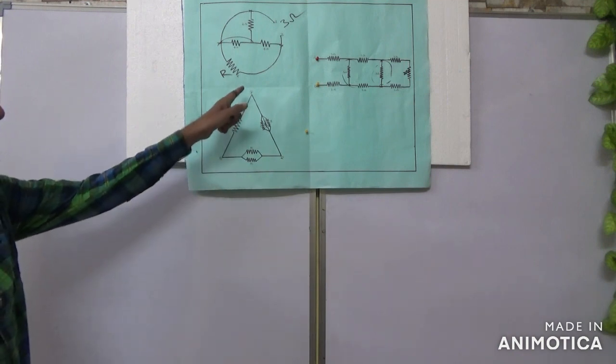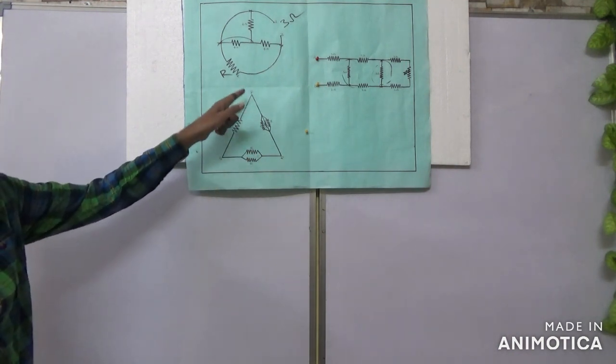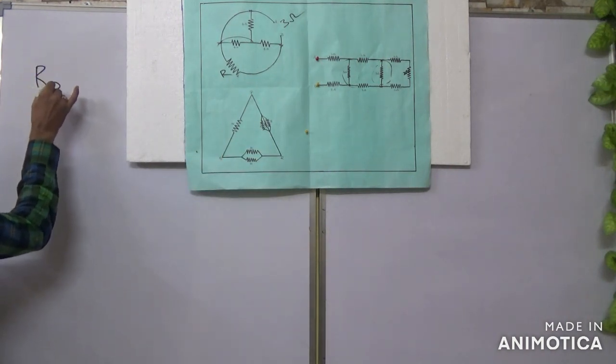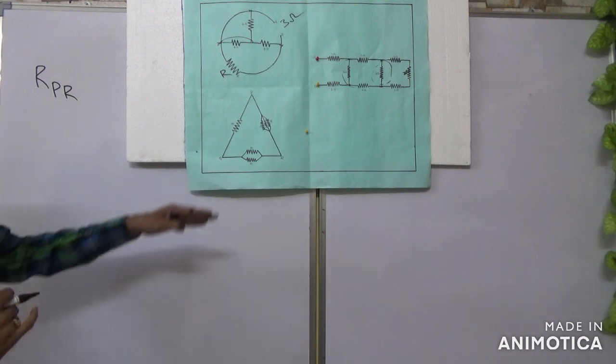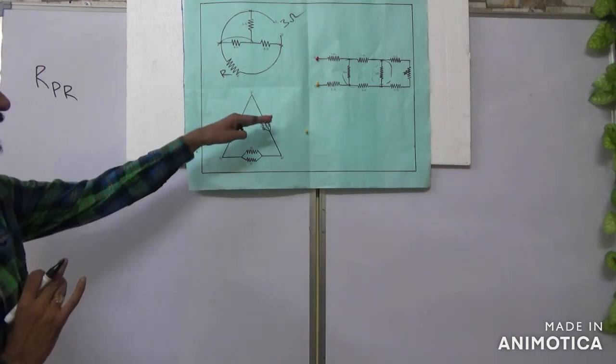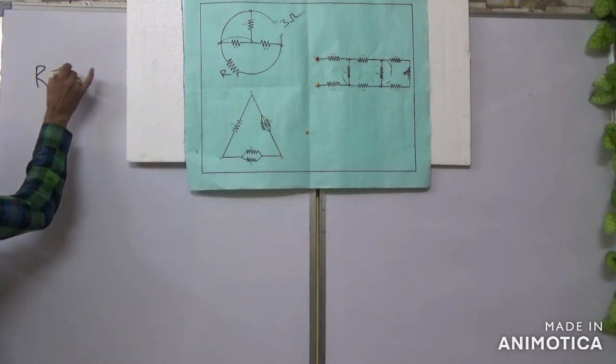Now you see, first we'll calculate resistance between P and R. How many resistors are joined? 3 resistors are joined in parallel combination.